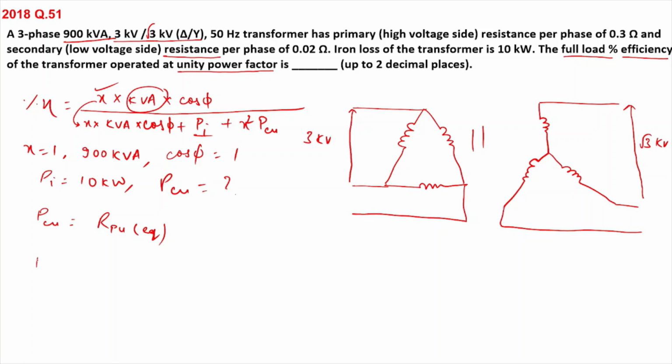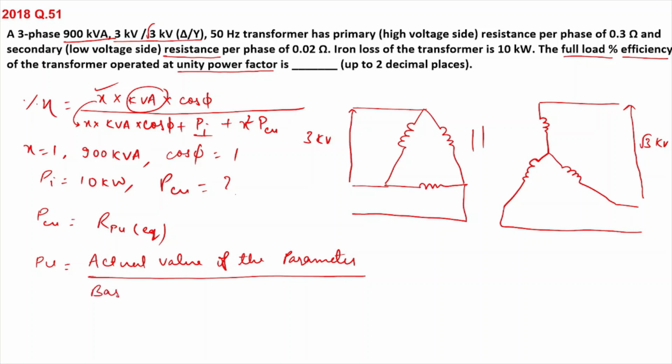Since you know, per unit value is the actual value of the parameter divided by the base value of the parameter.